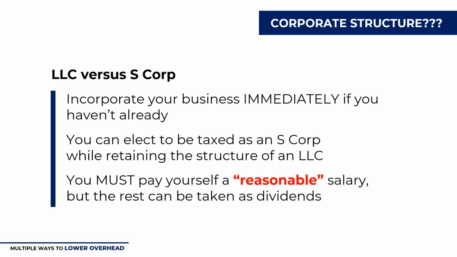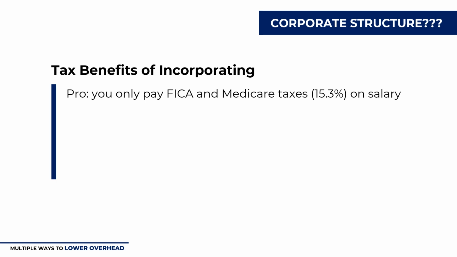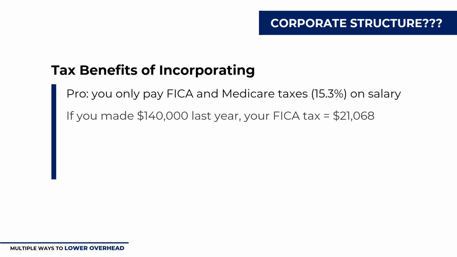So what's the benefit? You only pay FICA and Medicare taxes, which again is 15.3% on your salary. So as an example, let's say you earn $140,000 this year. If you're set up as an LLC and are taxed as a sole proprietor or partnership, you will pay a FICA tax of $21,068.